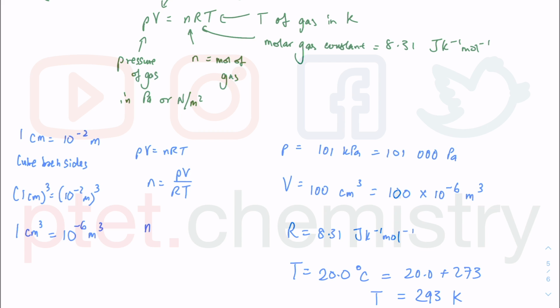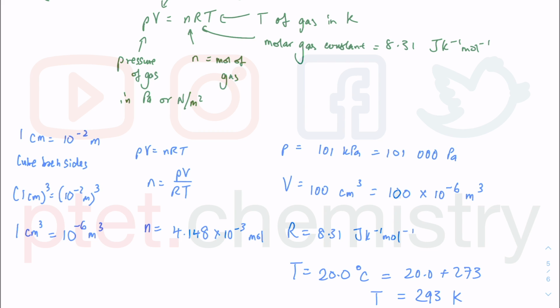So I don't even have to write it down because I've got all these. So 101,000 times 100 times 10 to the minus 6, divided by 8.31, divided by 293, I have got 4.148 times 10 to the power minus 3, and this unit is mole.